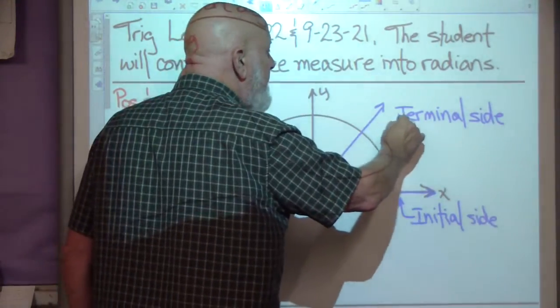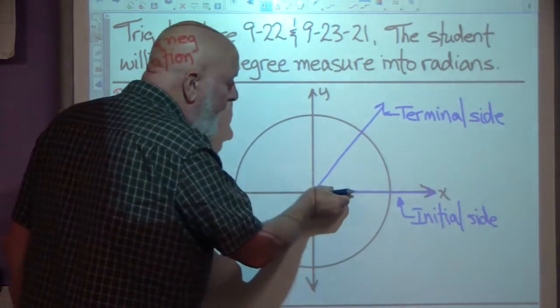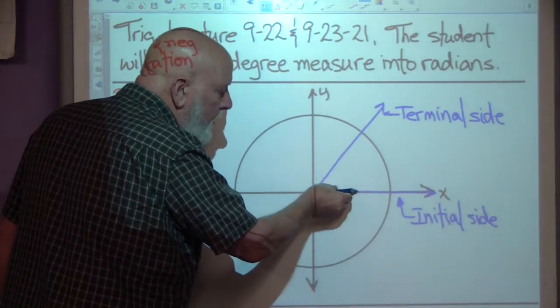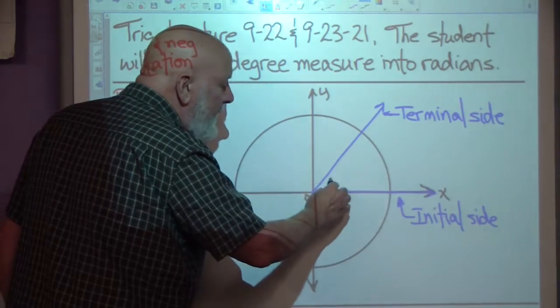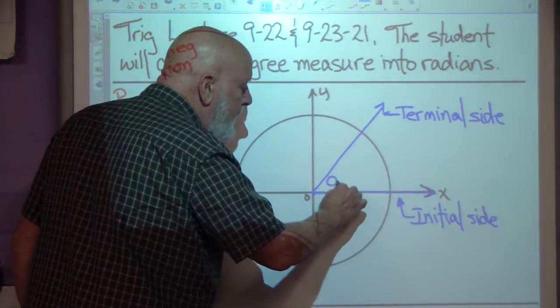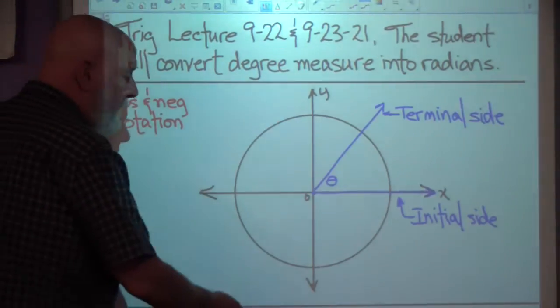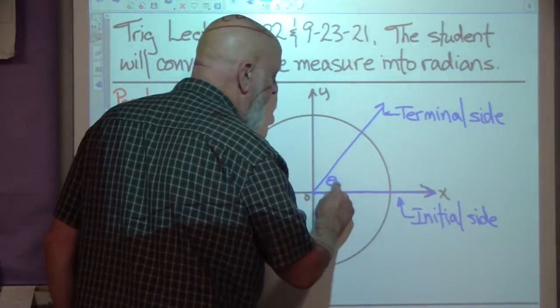If we rotate up this far and stop, this is our angle of rotation. In this case, it would be theta, or whatever we want to call it. I just called it theta.